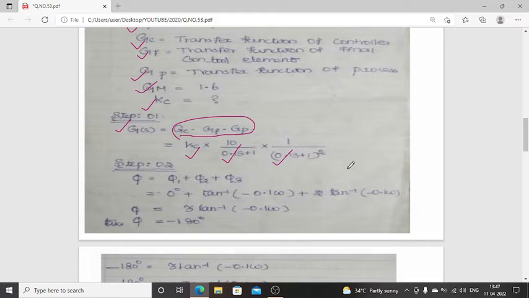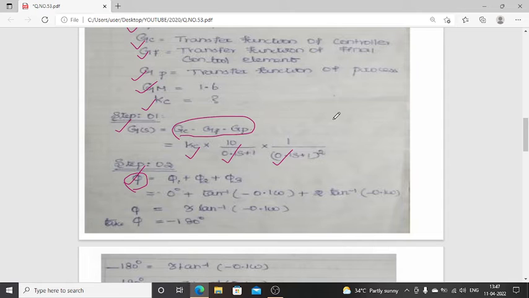Refer the diagram. Step number 2, determine the overall phase angle. Phase angle denoted as phi. We have 3 transfer functions, so the summation of the phase angles of these 3 transfer functions is equal to the overall phase angle.